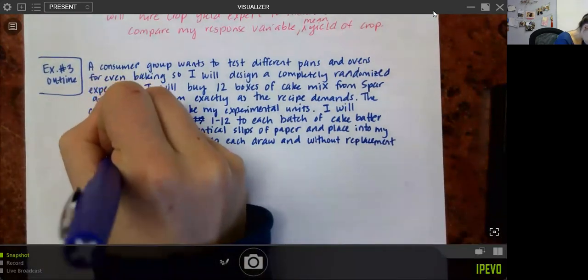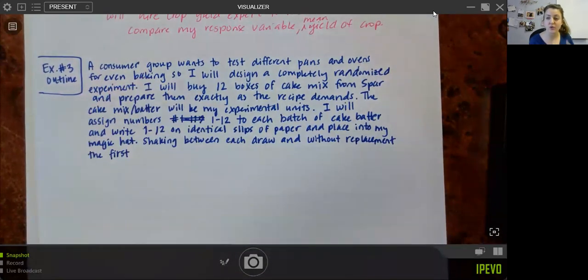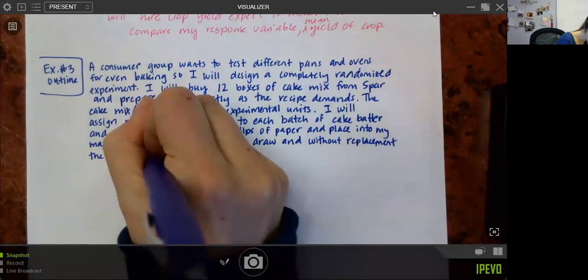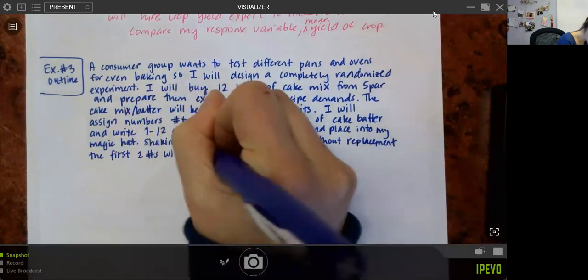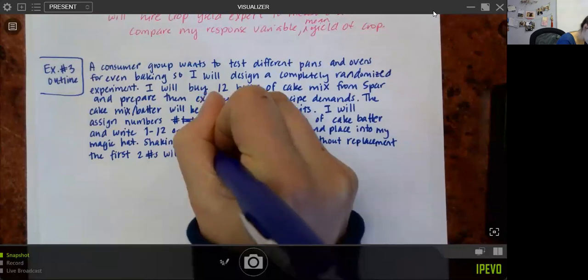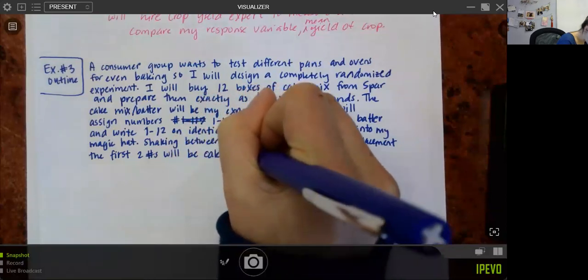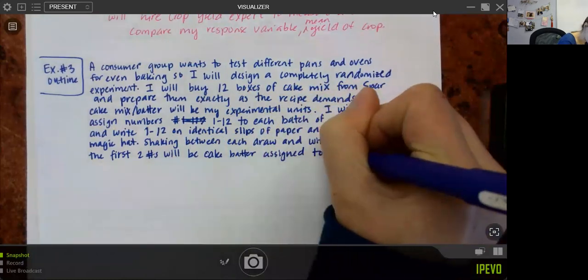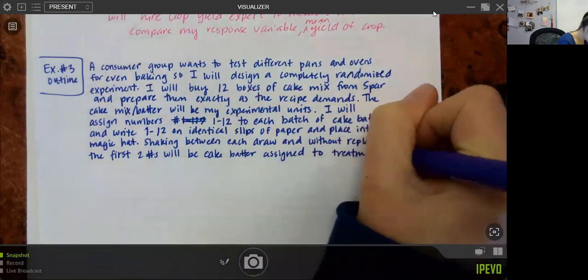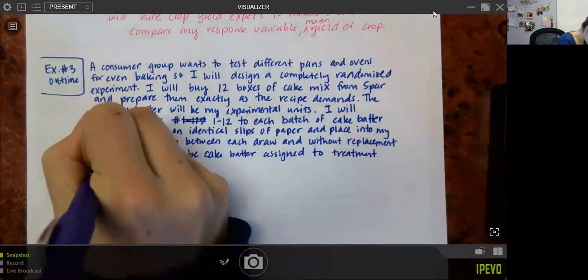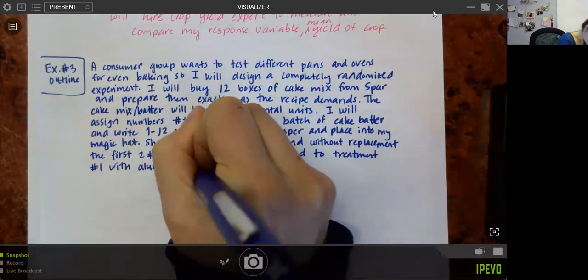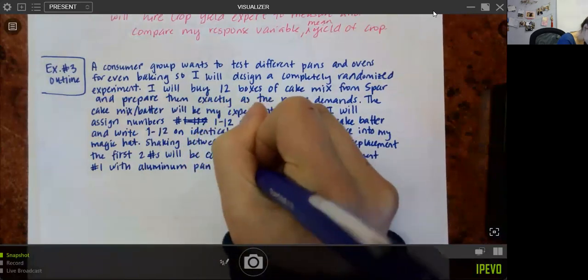Okay, so here's, take a deep breath real quick. Shake out your hand if you need to, because this is where we have to go through all the treatment groups, okay? Shaking between each draw and without replacement, the first two numbers will be cake batter assigned to treatment number 1 with aluminum pan and gas oven.